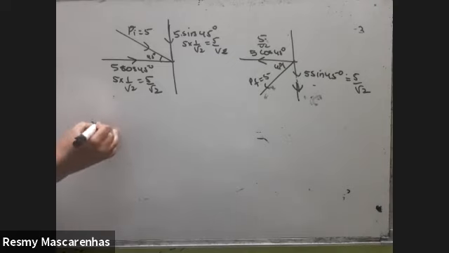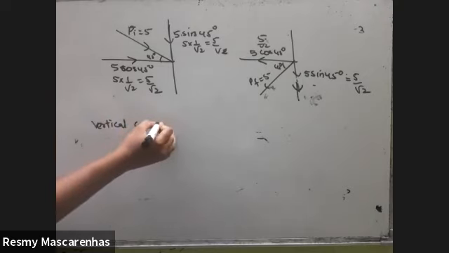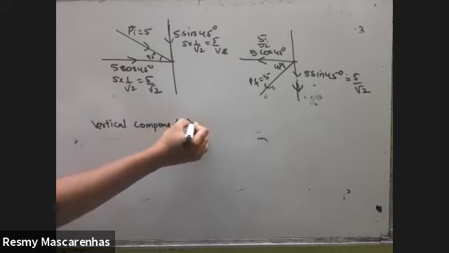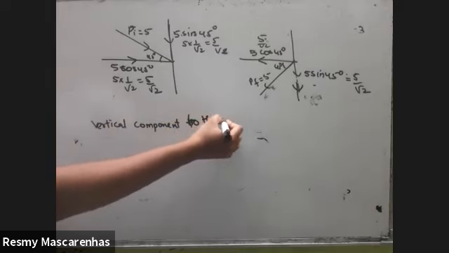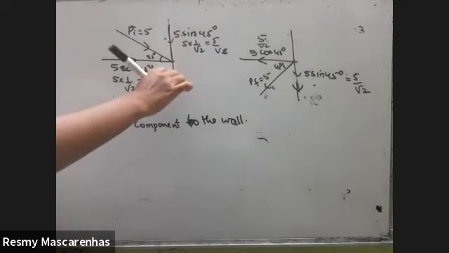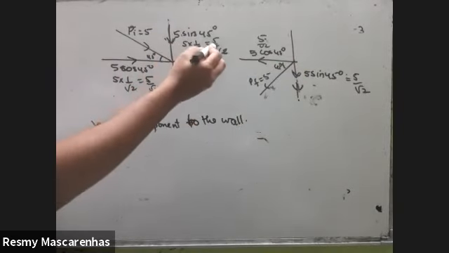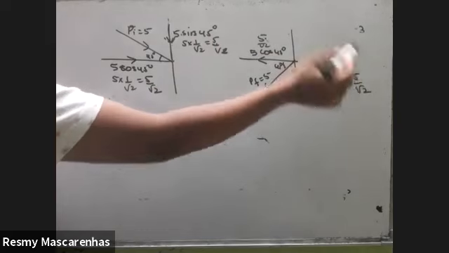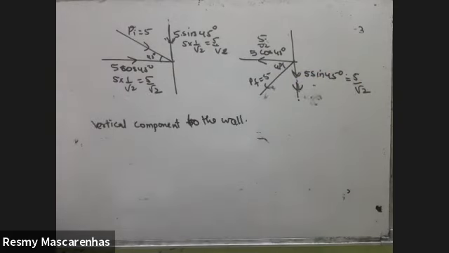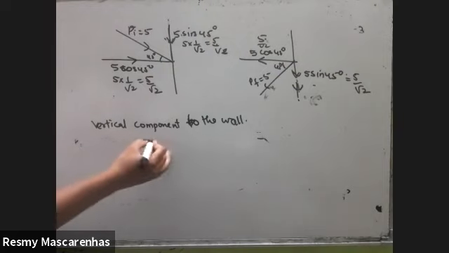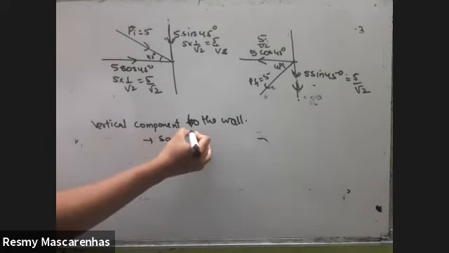So if you see the component parallel to the wall, they are both in the same direction. It remains the same. This is also plus 5 upon root 2, and this is also 5 upon root 2. So the component parallel to the wall, same direction is there.